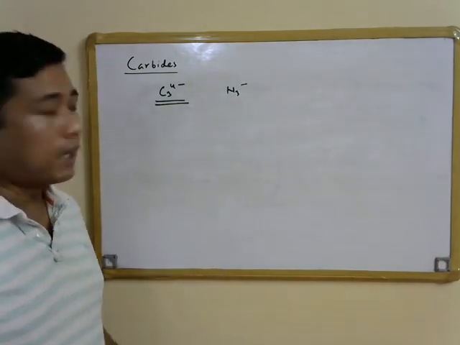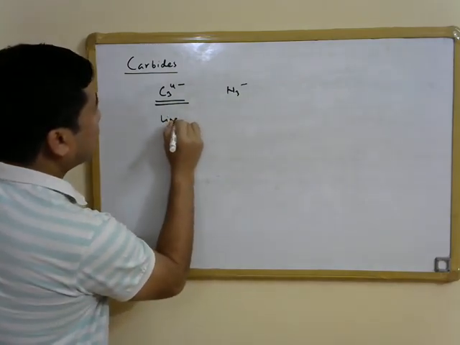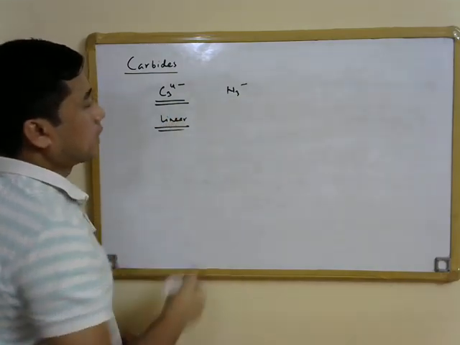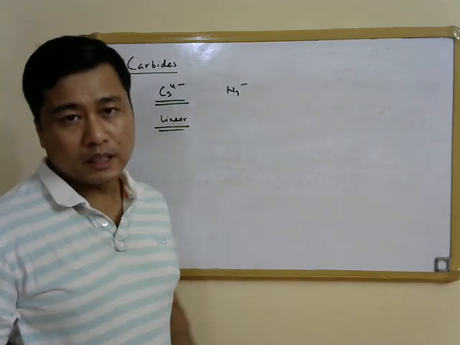So the C3 4- ion is linear as the azide ion is also linear, we know.